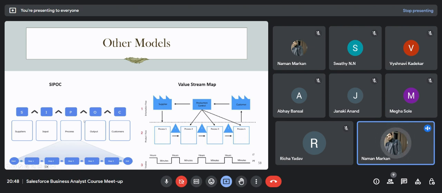So this particular SIPOC basically gives you an understanding about supplier, input, process, output, and customer. It is ideal for each and every process, because these people are definitely going to be involved in each and every process, whether complex or simple.